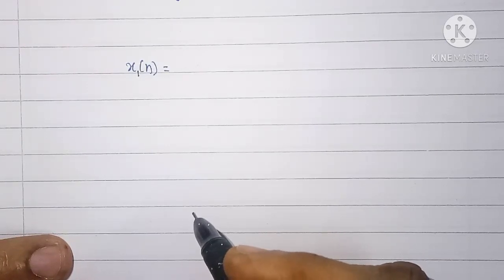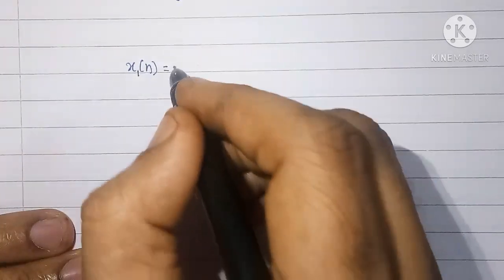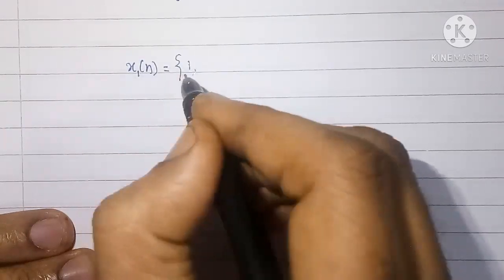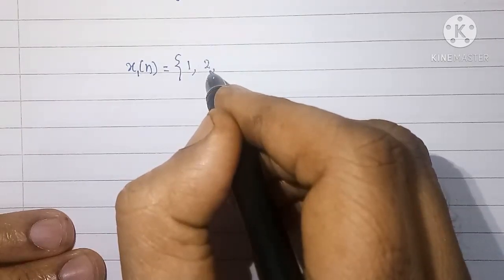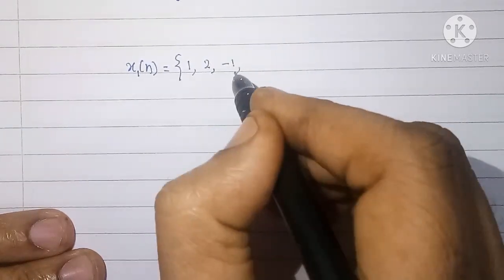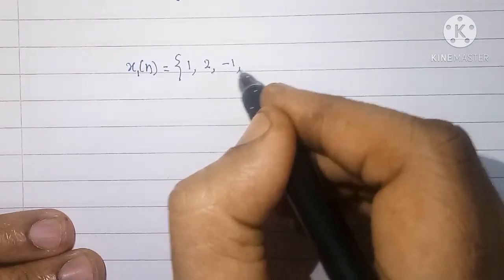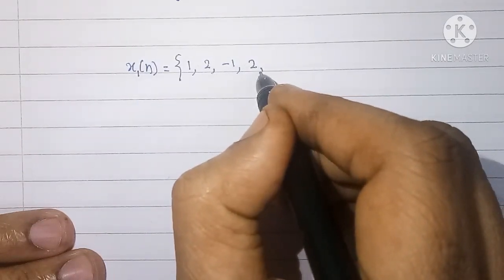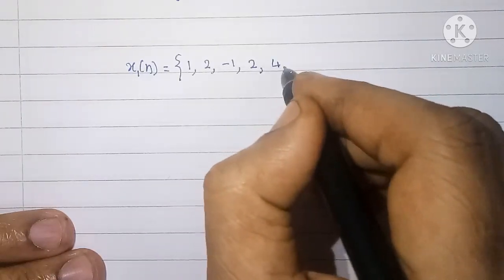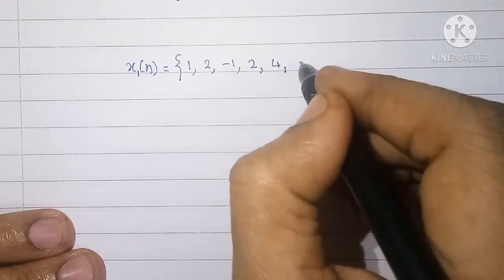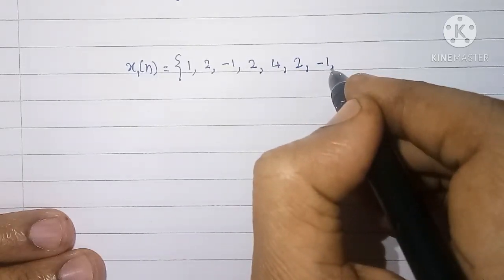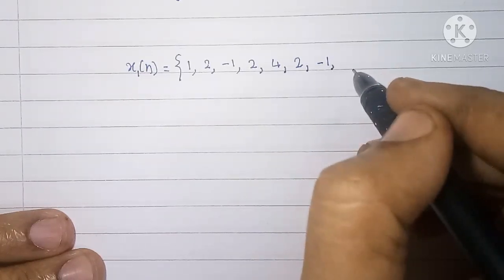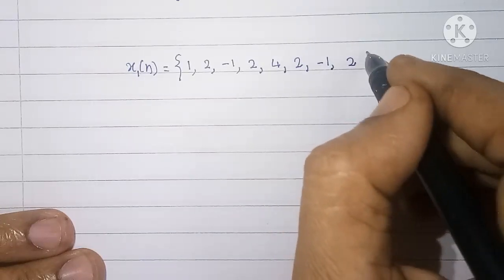It is 1, 2, minus 1, 2, 4, 2, minus 1, and 2.